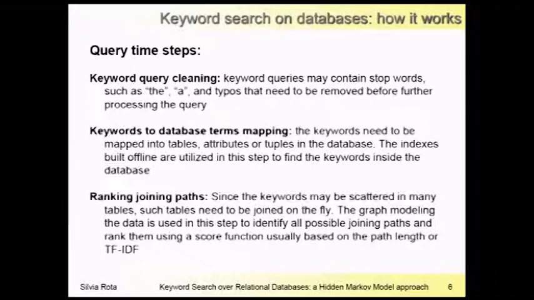So the next step is to identify these joining paths using the graph built before, and to rank them appropriately using some score function. Usually the score functions are very different, but they usually use a TF-IDF measure taken from the information retrieval field, or they score based on the size of the subgraph that contains the joining path.